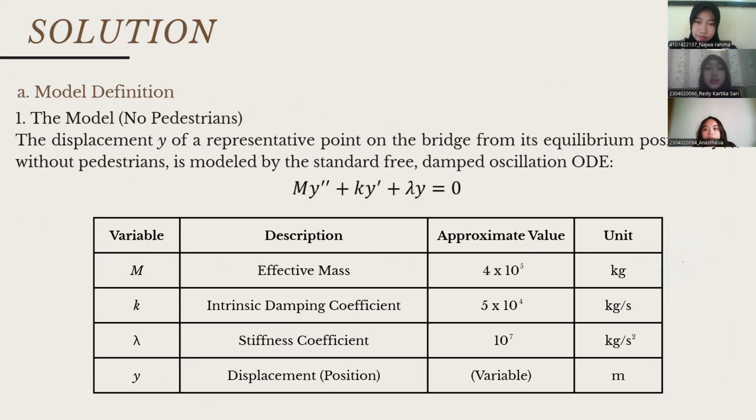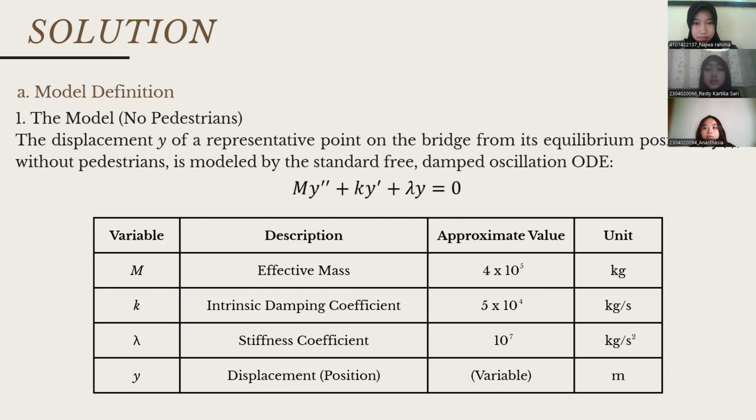Before we solve the problem, we have to make the model definition: the model with no pedestrians and the model with pedestrians. Here we talk about the model with no pedestrians first. The displacement y of a representative point on the bridge from its equilibrium position, y(t), without pedestrians is modeled by the standard free damped oscillation ODE.